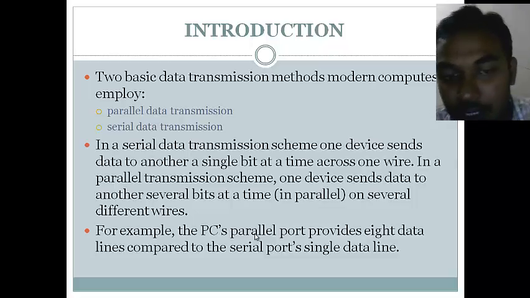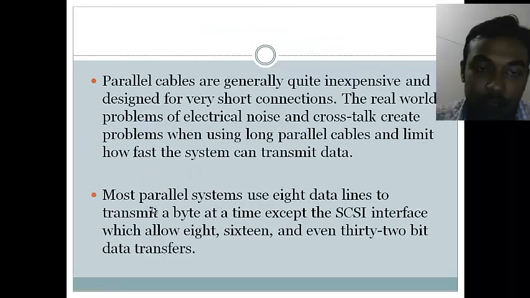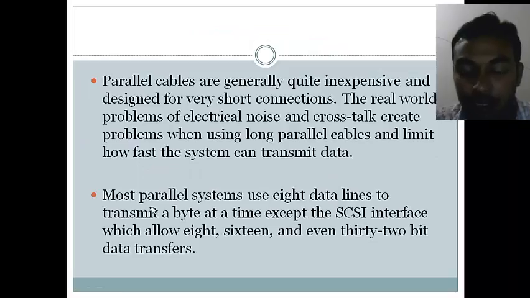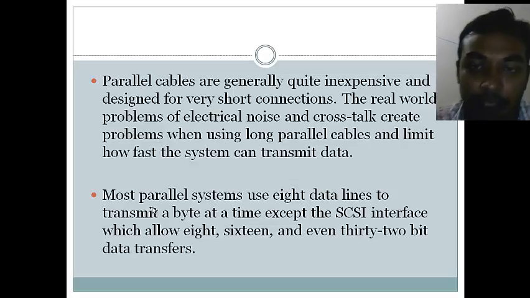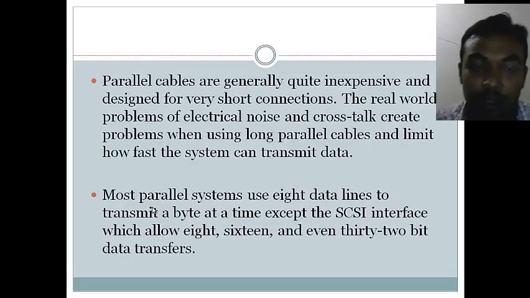The problem with parallel data transmission is that you can't transfer over long cables, because in the real world there will be a lot of noise and problems from the surroundings.